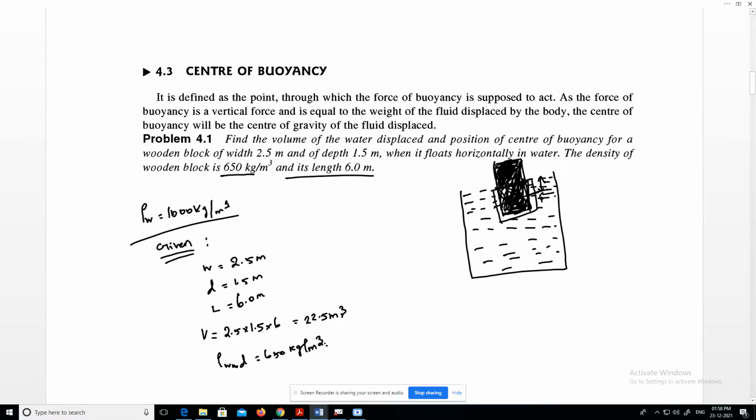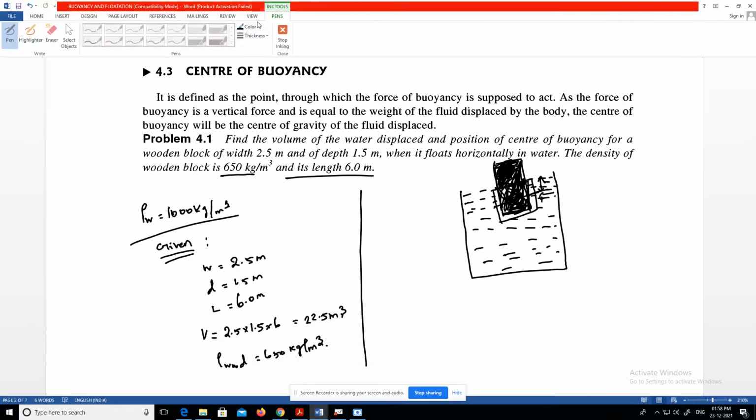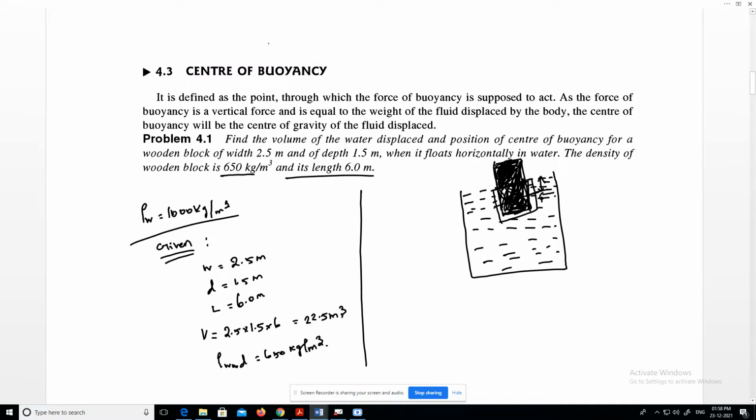How do you calculate the weight of the wooden block? Weight of the wooden block.